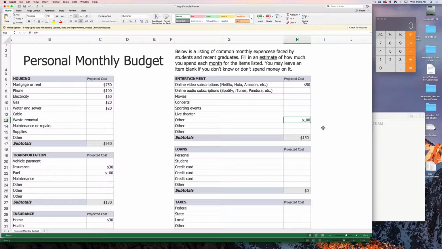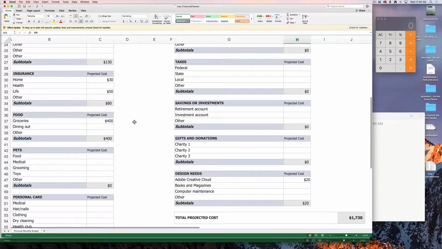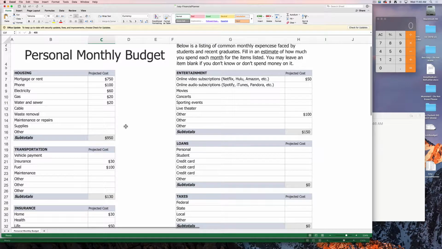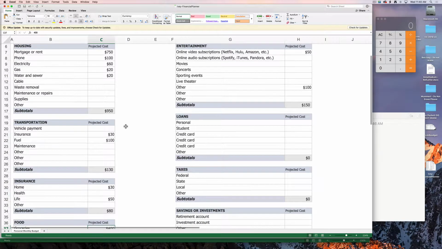The final thing you can do to make things easier, if there's anything that you pay for on a weekly basis, for instance my groceries, I spend about $100 a week. I simply multiplied that $100 times 4 weeks to give me that projected cost. Take some time and go through and fill out as many of these as possible. Again, this is just an estimate.